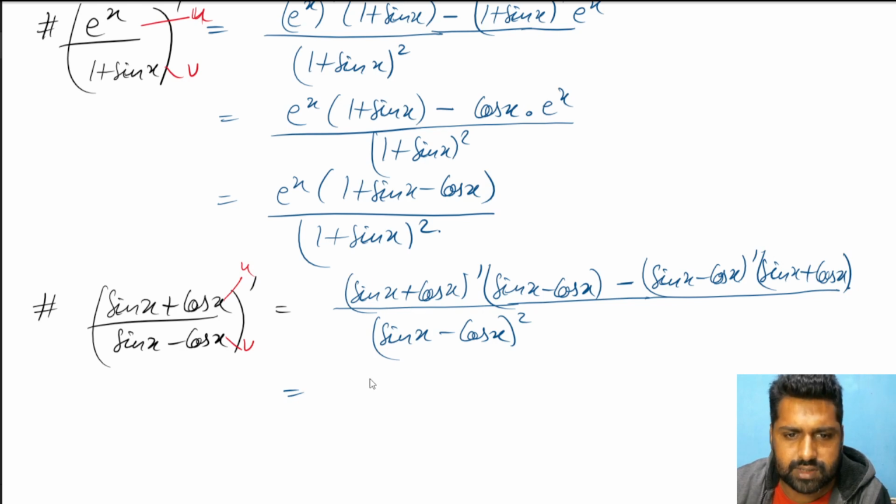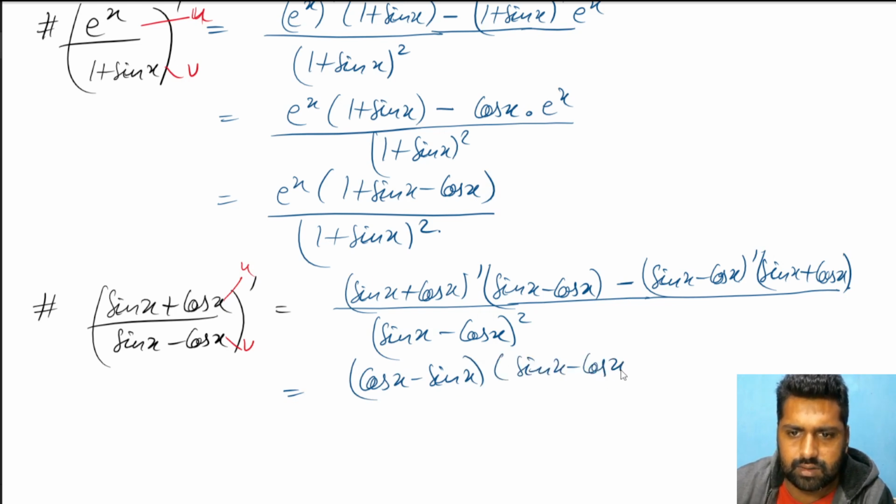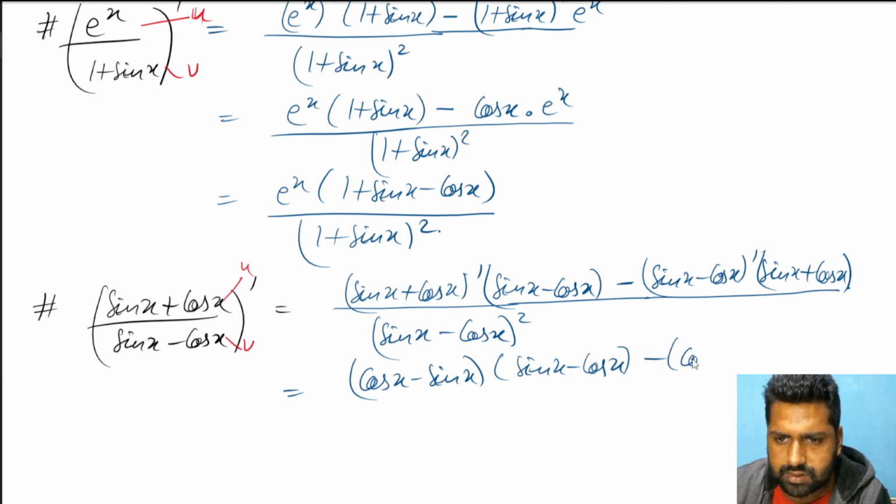Differentiation of sin x plus cos x is cos x minus sin x. This is sin x minus cos x. Differentiation of this, sine is cos and cos is minus sine, so minus of minus sine, it will become plus sine.